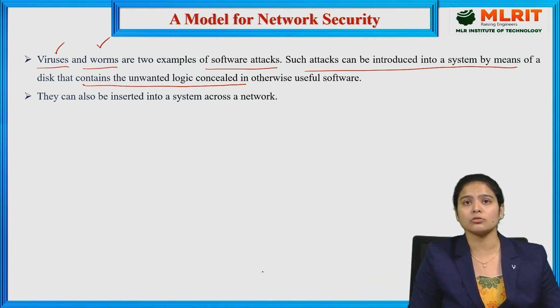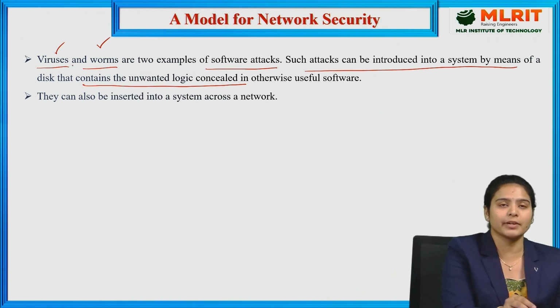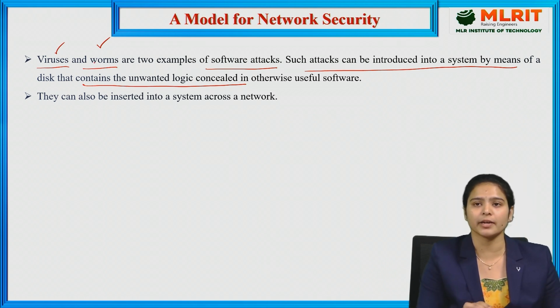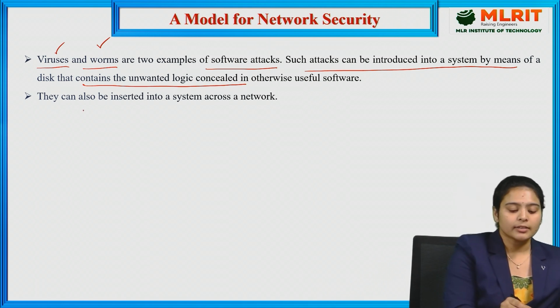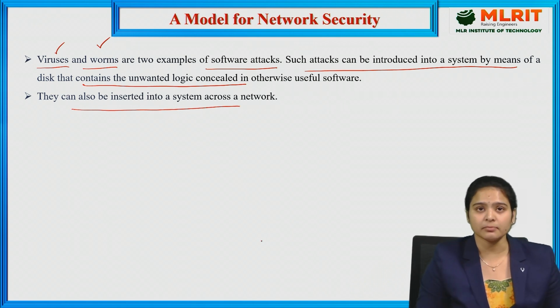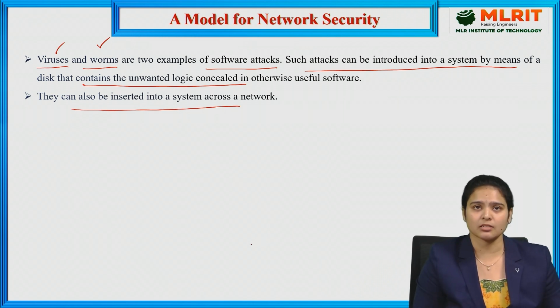The difference between virus and worm is human interaction: a virus needs human interaction, and a worm works without it. They can also be inserted into a system across a network. Since we are discussing network security, this comes under attacks across networks only. So that is the topic of the model for network security.